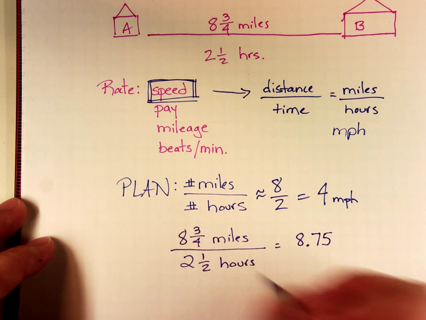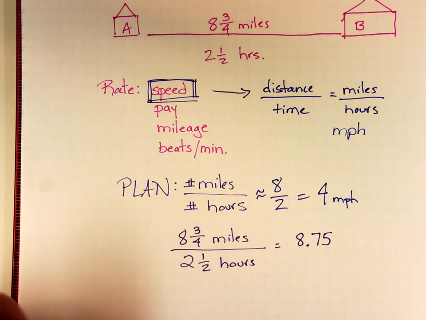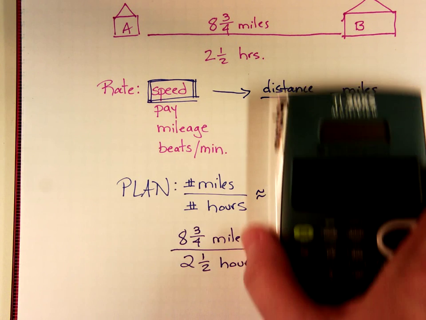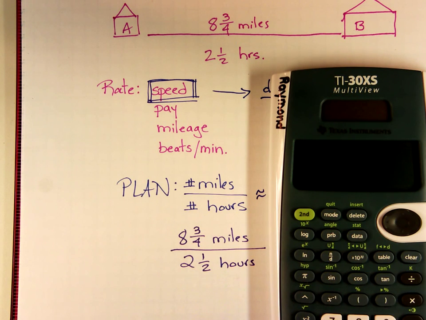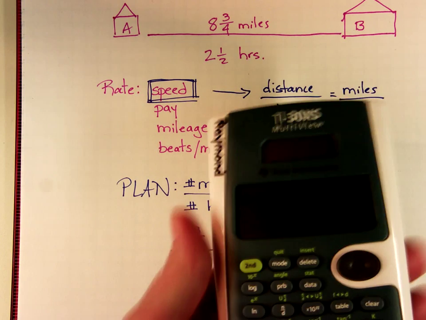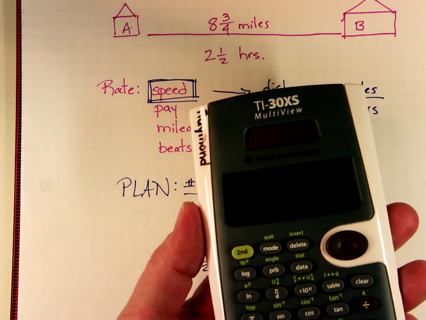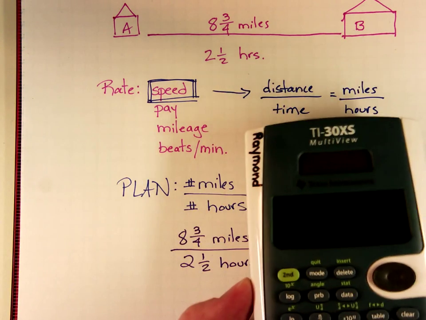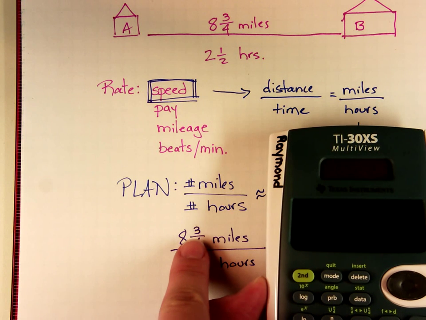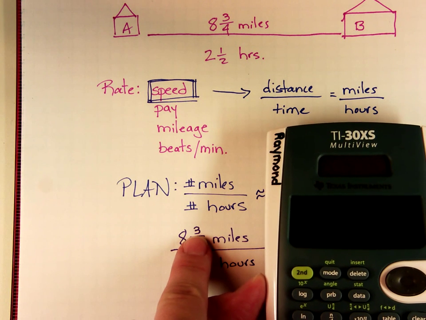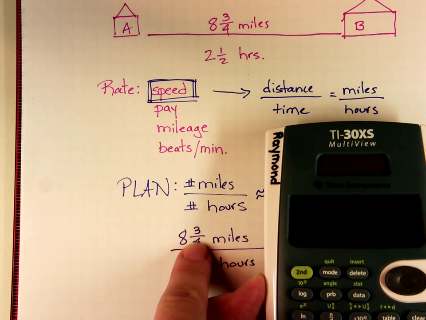Now what if you had not memorized that yet? That 3/4 was equivalent to 0.75? Let me just show you a quick trick. Remember, you can use the top number, and that's a divided by bar, and then put the bottom number.